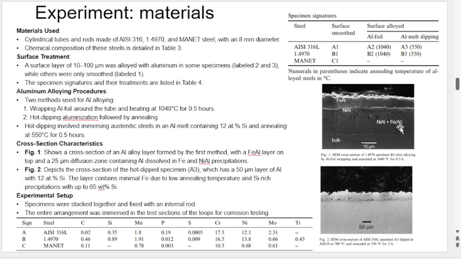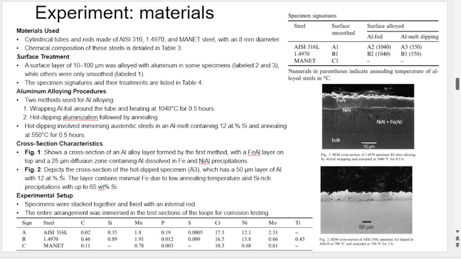So it is alloyed by the aluminum, and we can see the formation of iron aluminum and nickel aluminum on the surface.